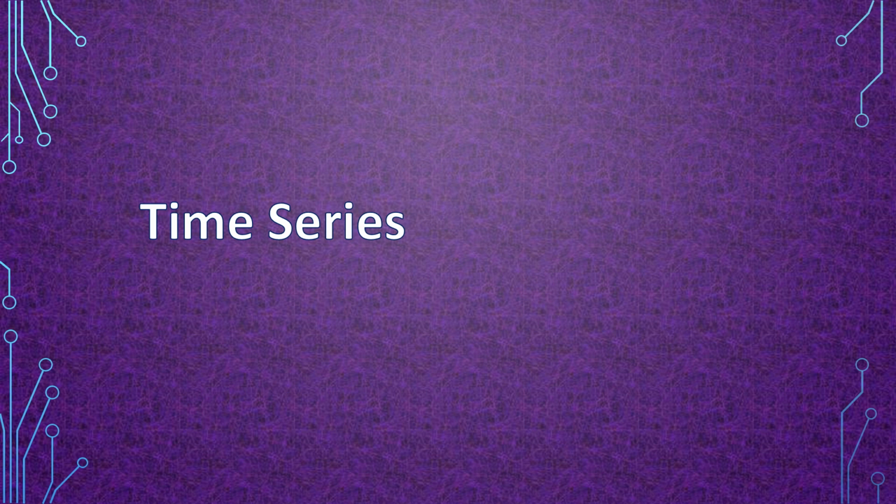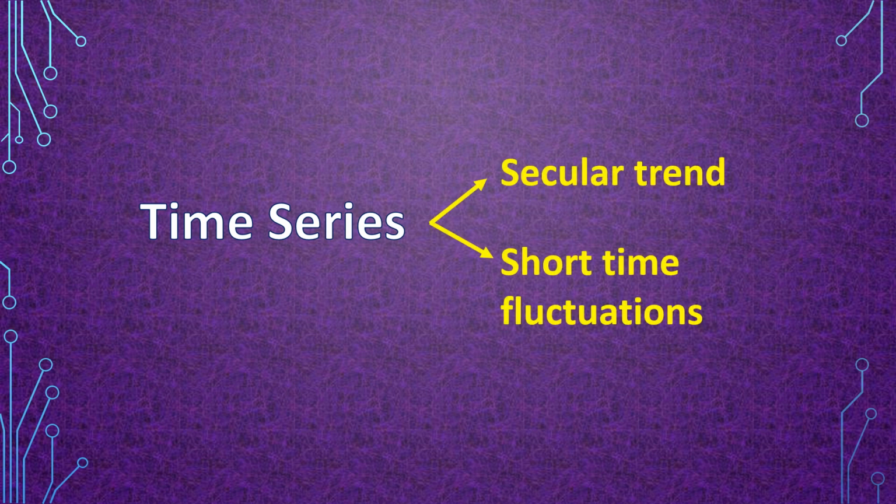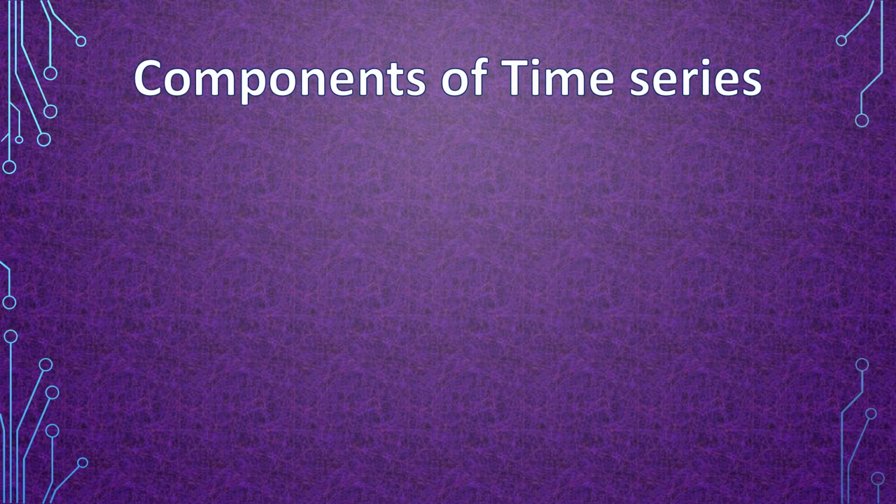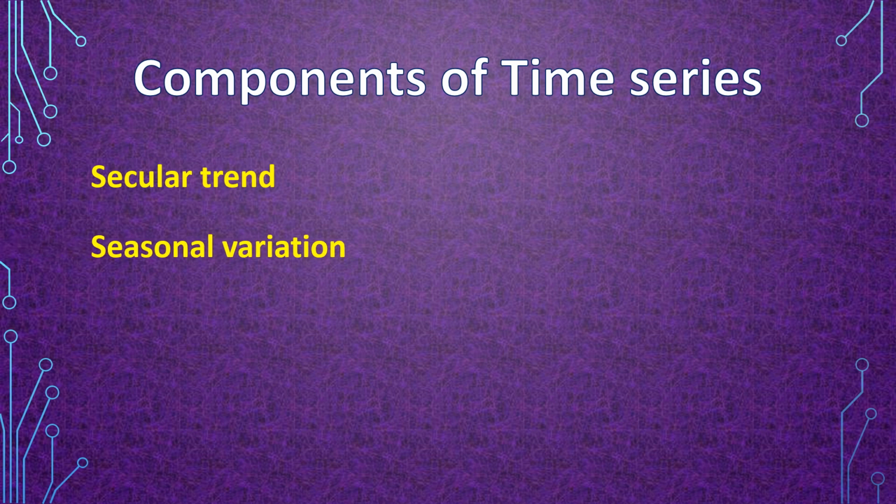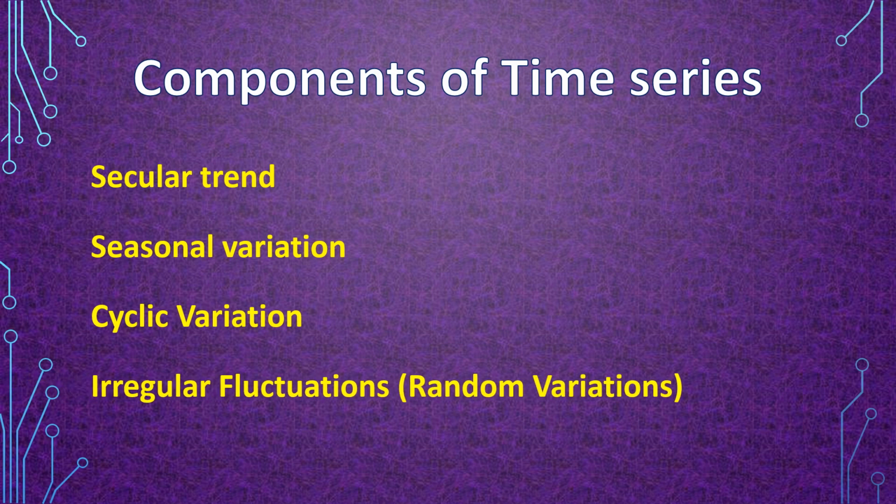And now, the time series is classified into two: secular trend and short-term fluctuations. So, let us discuss the different components of time series. The first component is the secular trend. Then there are seasonal variations, cyclic variations, and irregular fluctuations or random variations.